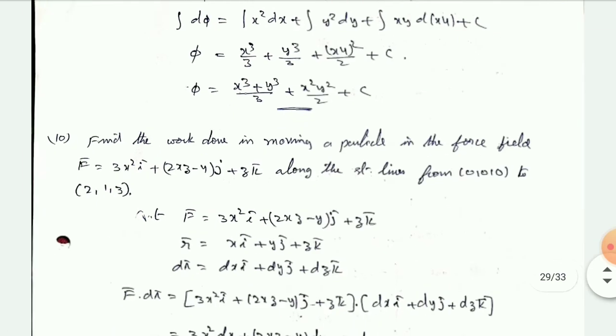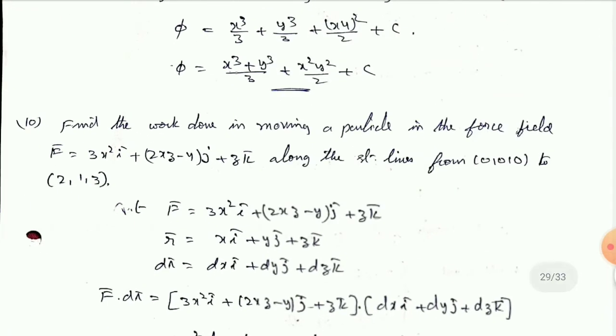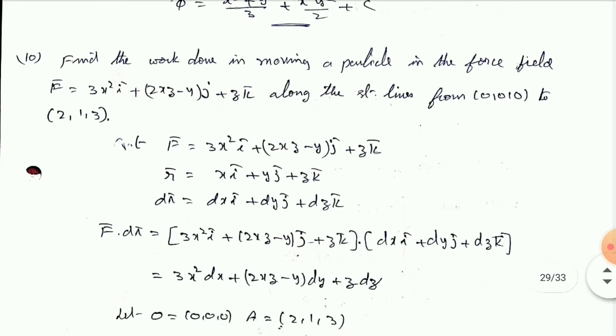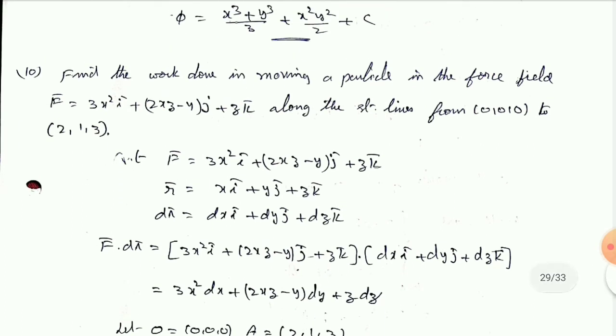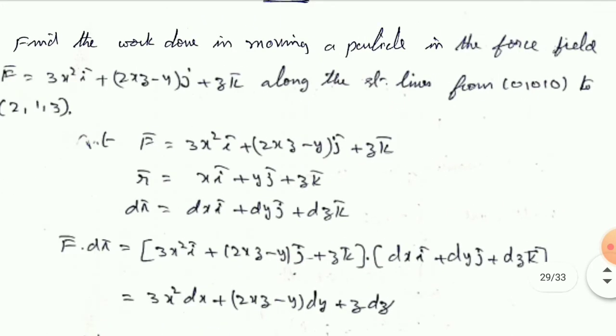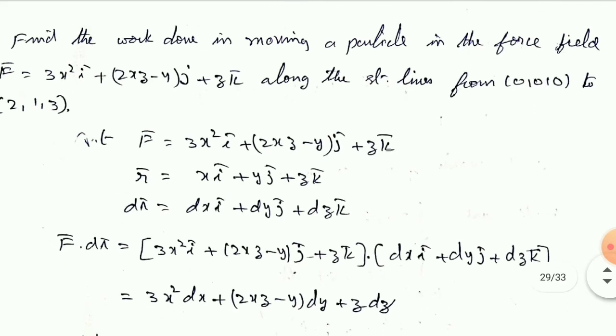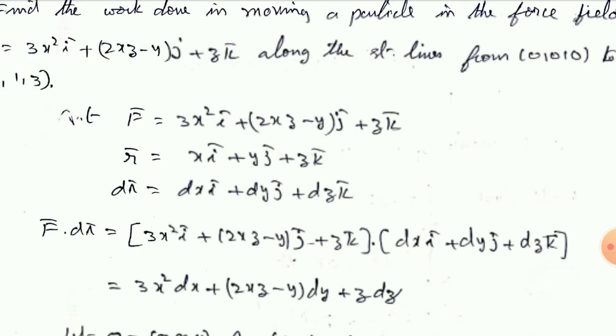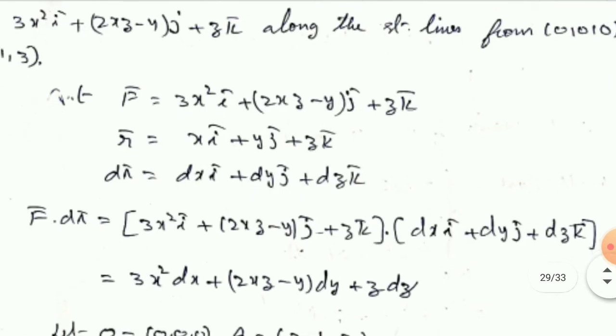So they have given one particular vector F bar, and work done is nothing but the line integral. You know the line integral formula: integral over C of F bar dot dr bar. F bar is given, R bar I suppose is the position vector xi plus yj plus zk, and from that you calculate dr bar as dxi plus dyj plus dzk.